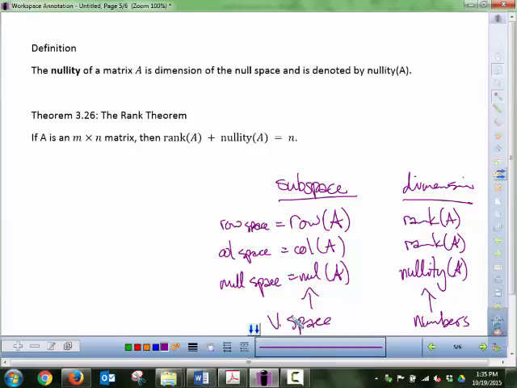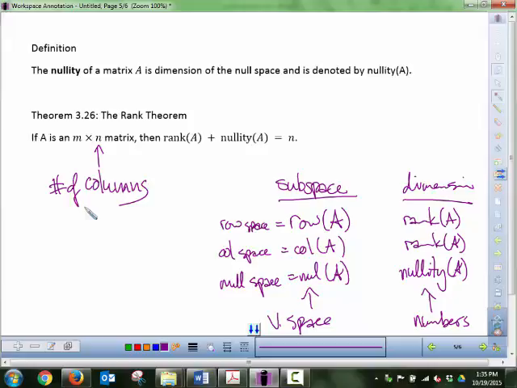So that leads us to the rank theorem. M is the number of rows of a matrix and N is the number of columns of a matrix.